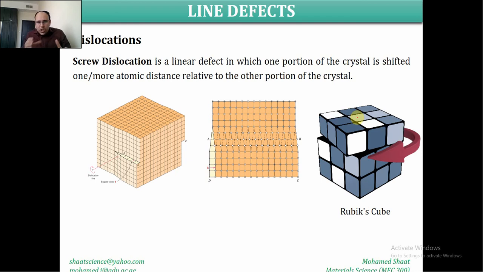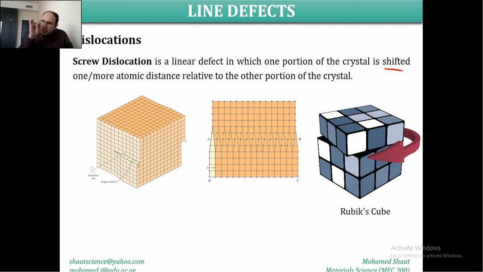In the screw dislocation, we are just shifting. That's why we use the word shifting, not rotating, as a more accurate definition of the screw dislocation. We just shift the top portion of the crystal to the right or to the left, and keep the other portion. So it would seem like it is screwed, like it had been twisted or rotated.